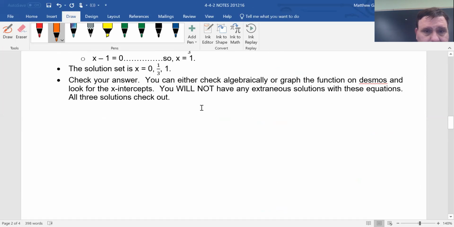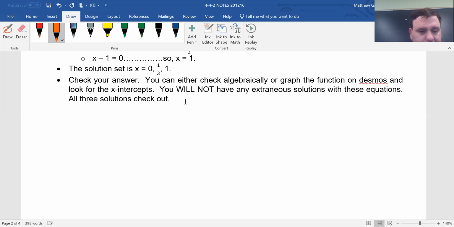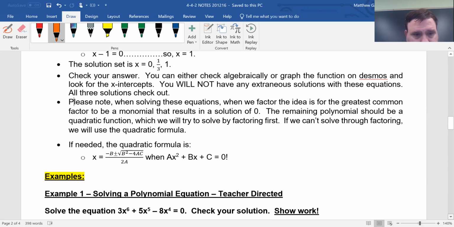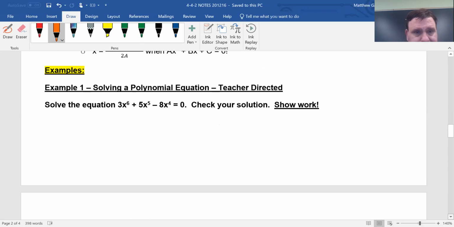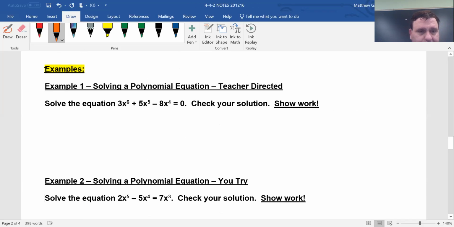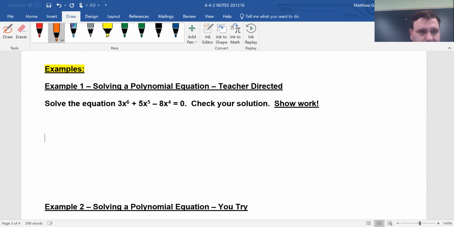What we're going to get to today is this: yesterday's problems had a leading coefficient of 1. So now we'll talk about what we do when it's not 1.